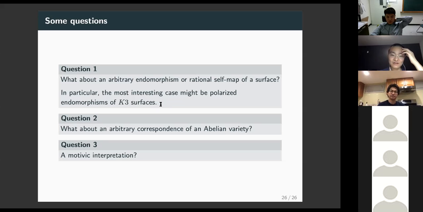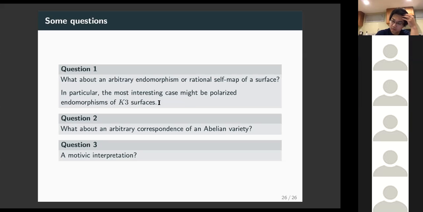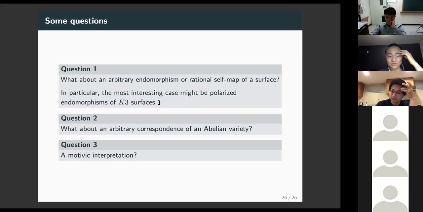This T2 part, the transcendental part, is the so-called Albanese kernel, the algebraic cycles of degree 0 modulo rational equivalence. I want to know what the induced action of this map on this group is. I don't even know how to define the invariant associated with this action.